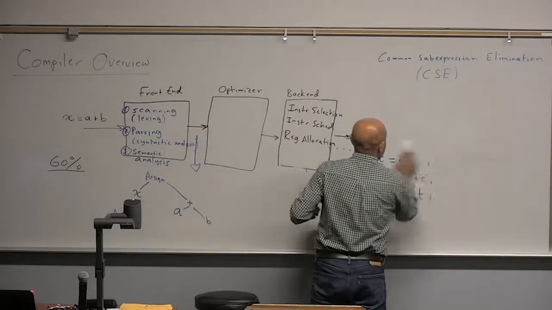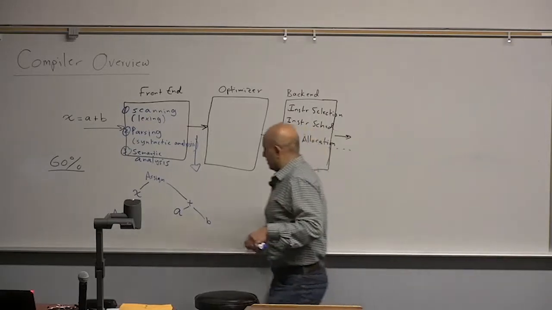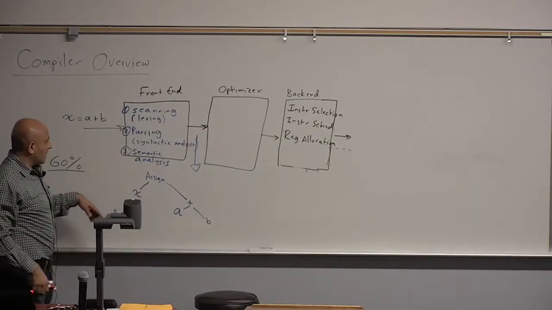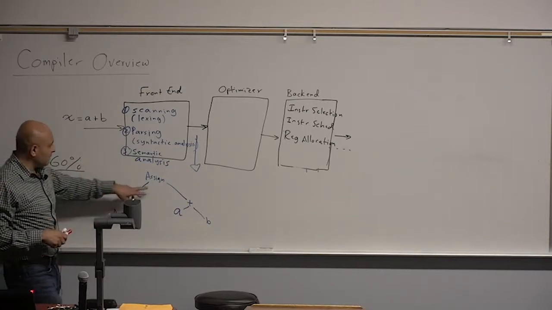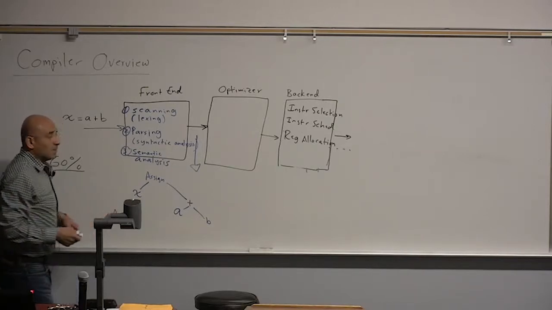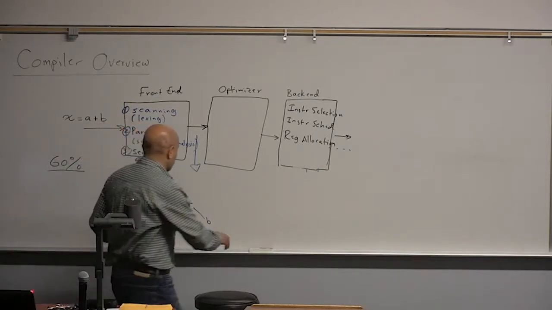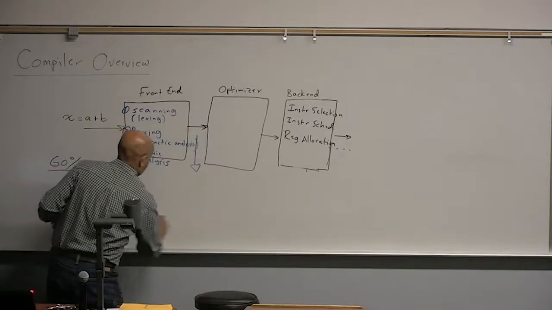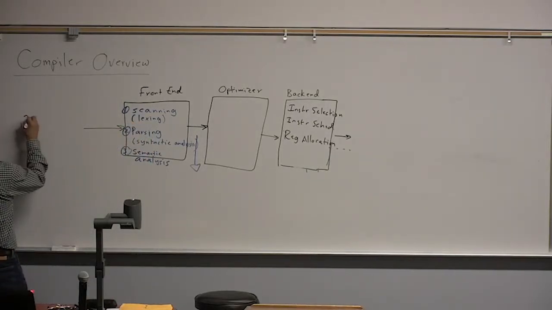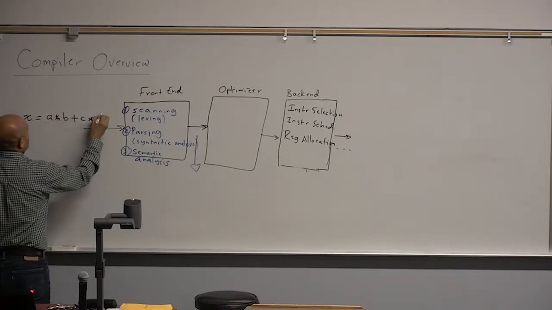So instruction selection is selecting instructions. To go from an abstract syntax tree to assembly, maybe let's write a more interesting example like x equals a times b plus c times d.